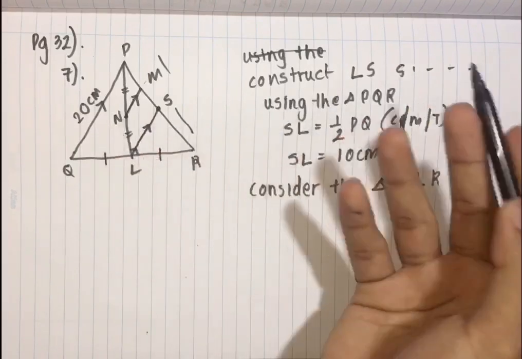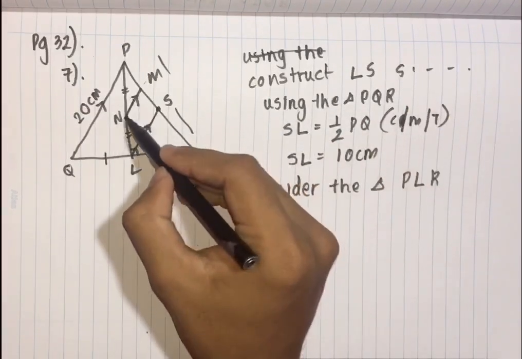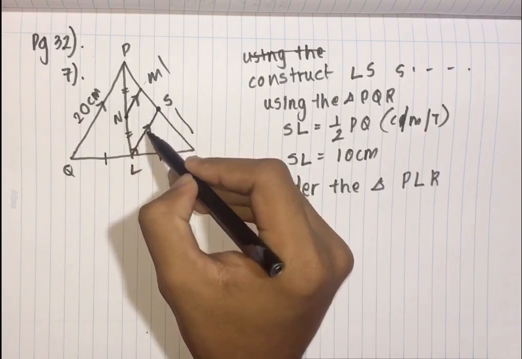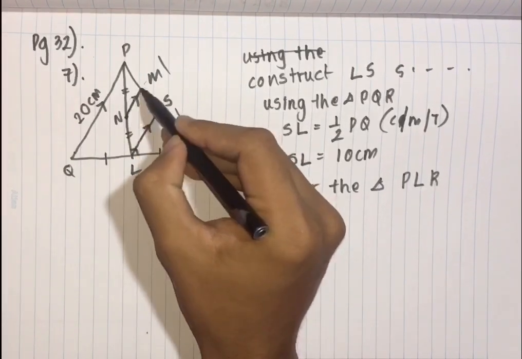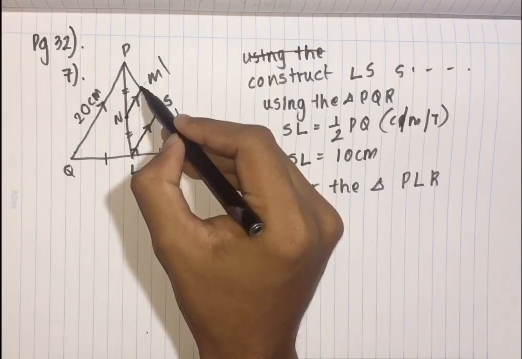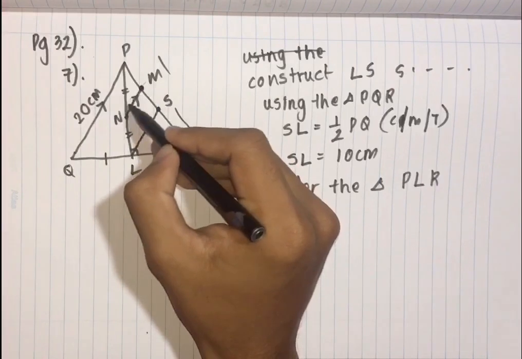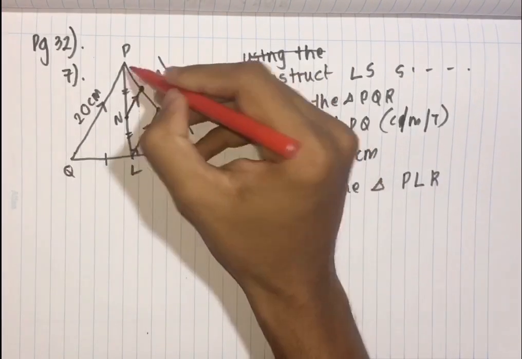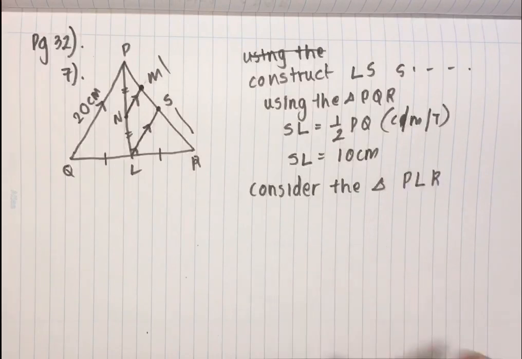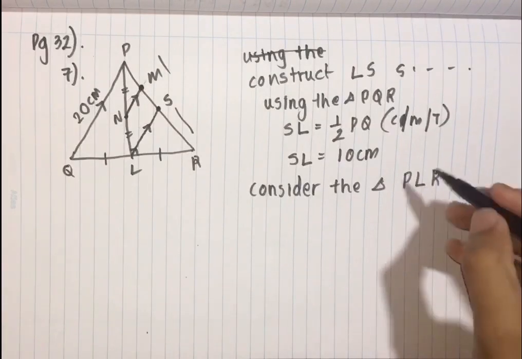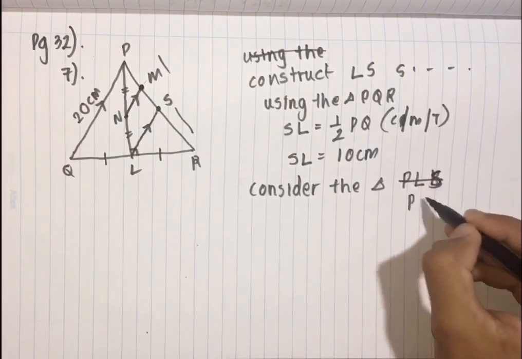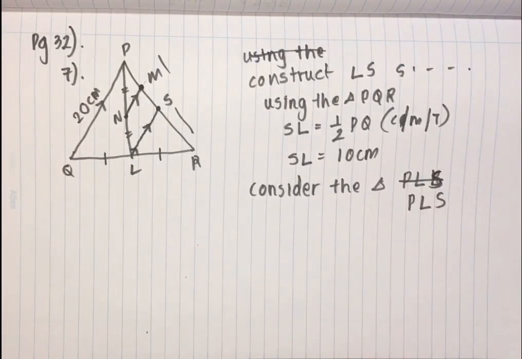Now use our converse of midpoint theorem. Sorry, you have to consider not PLR, you have to consider PLS. I'll draw it in red color.